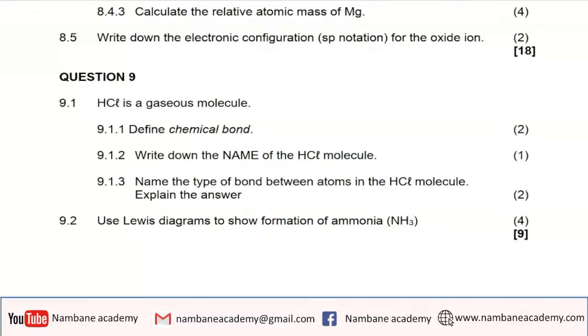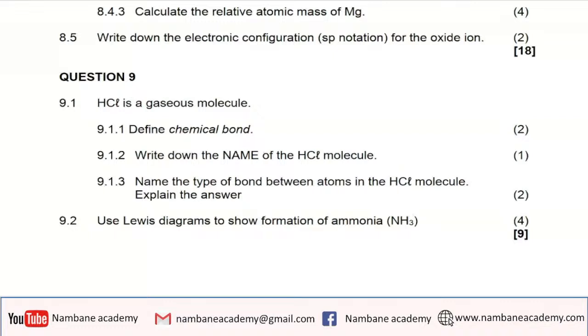Then the next one, write down the name of HCl molecule. Now here, colleagues, we put it deliberately that it should be gaseous. So it cannot be hydrochloric acid. It should be hydrogen chloride. And that is the only answer. So it's either 1 or a 0. No hydrochloric acid.